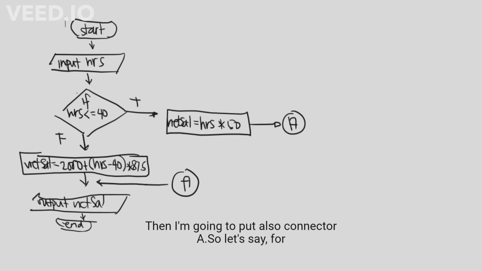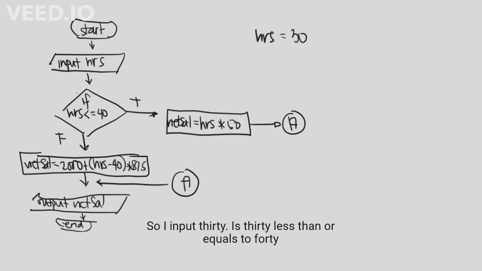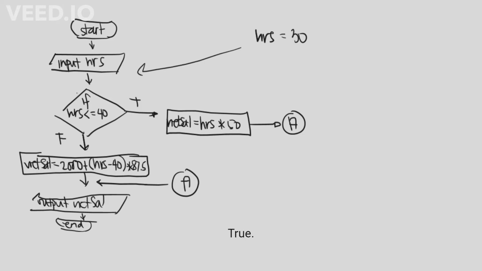Let's say, for example, again, I rendered 30 hours. My hours is equal to 30, so I input 30. Is 30 less than or equals to 40? True. So if it's true, just multiply the 30, or the number of hours, by 50, and that becomes 1,500. Go to A. A is here.